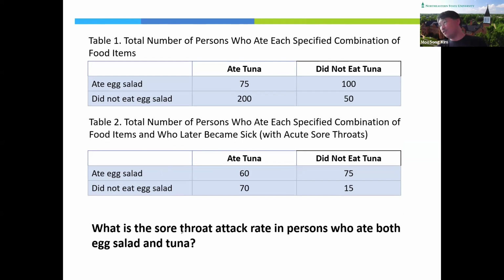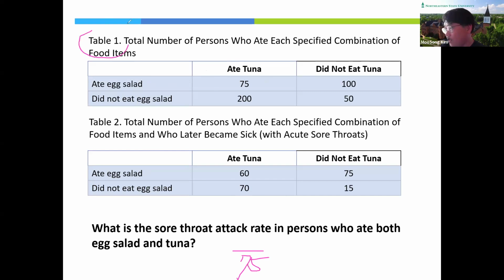What is the sore throat attack rate in persons who ate both egg salad and tuna? We need to figure out the number of people at risk among those who ate both egg salad and tuna. Here, egg salad and tuna, total 75.